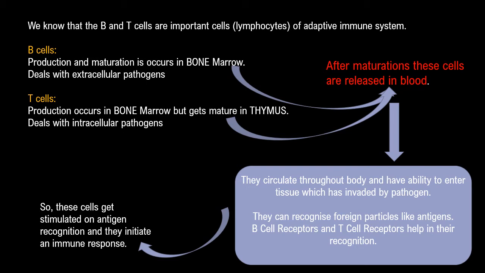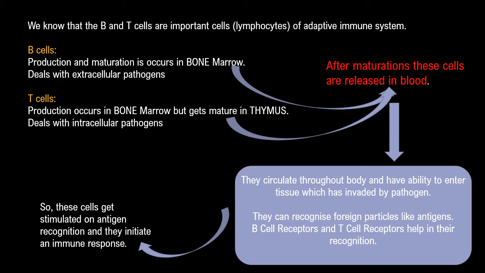Whenever your body has been invaded by extracellular pathogens, B cells come into the picture. T cells deal with intracellular pathogens, inside the cell. T cells are produced in the bone marrow, but they mature in the thymus. You will get these details in my other videos on B cells and T cells.